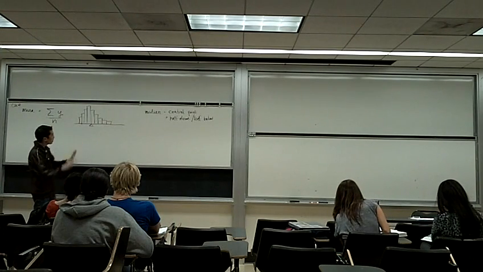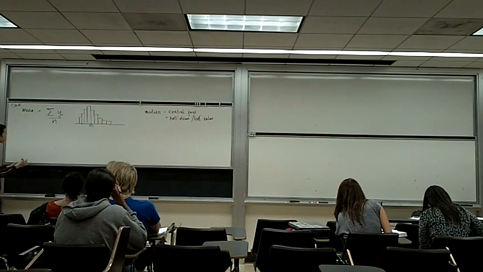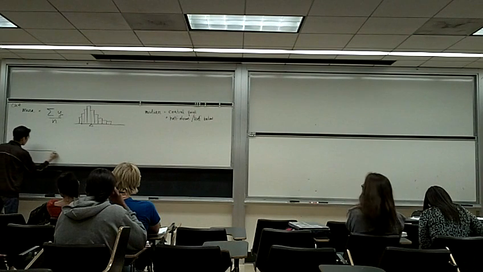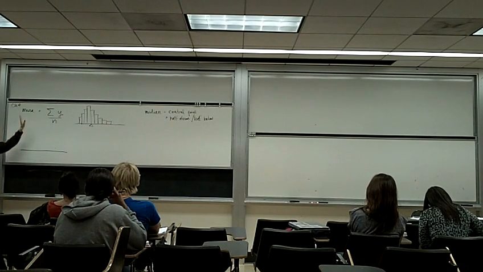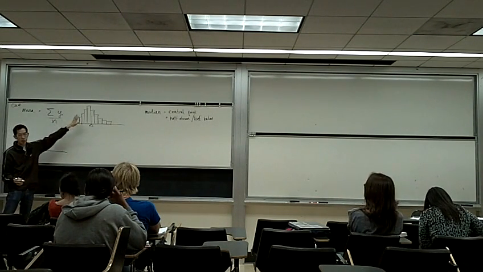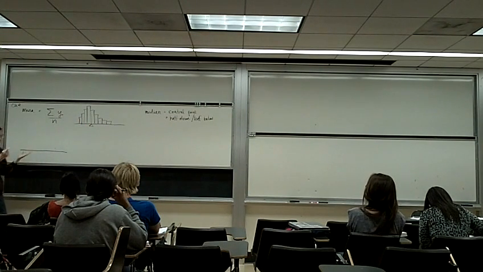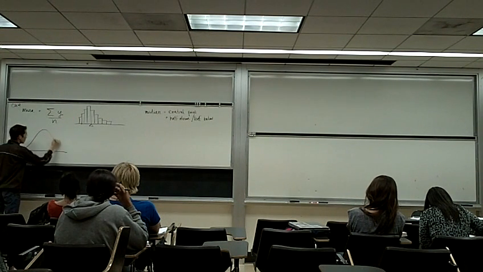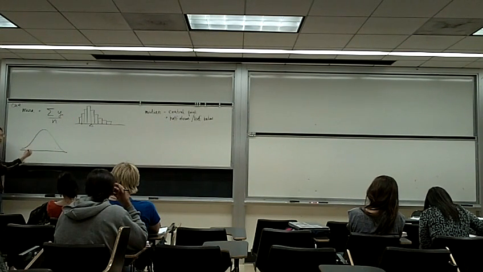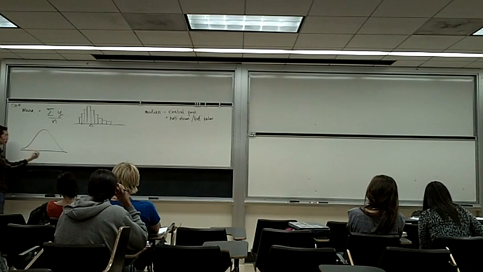All right, so when we have symmetric distributions, so just pretend that instead of drawing histograms, which are these bars, I'm just going to draw smooth lines. So just imagine I've smoothed out all of these bars. If we have something like this, this is symmetric.